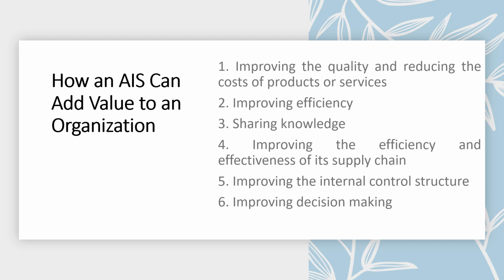Since the AIS can already monitor the required quantity, especially in a manufacturing concern, there is already the economic order quantity or the EOQ. So the AIS can monitor the proper management of the inventories.